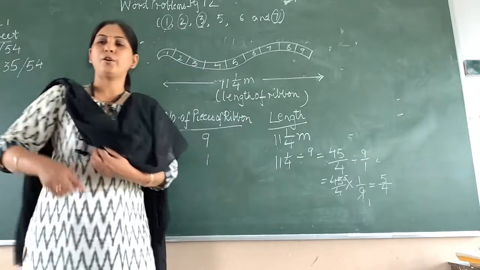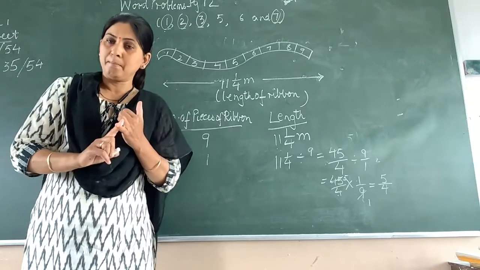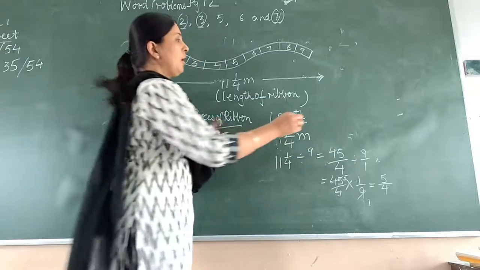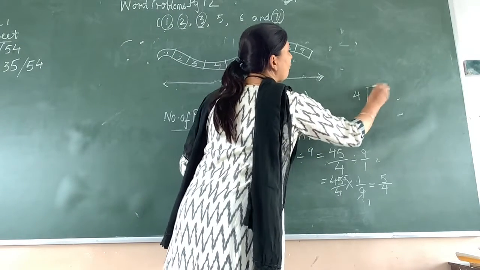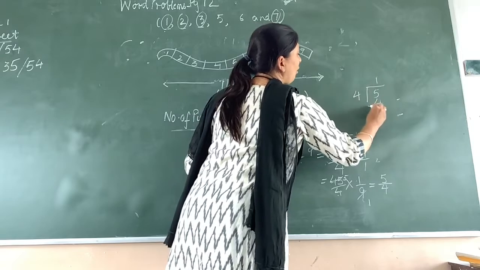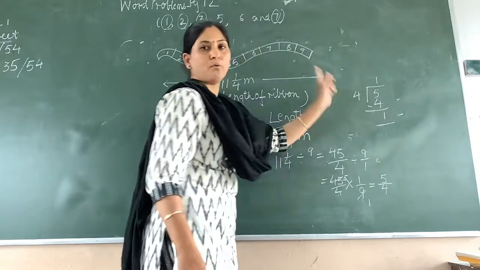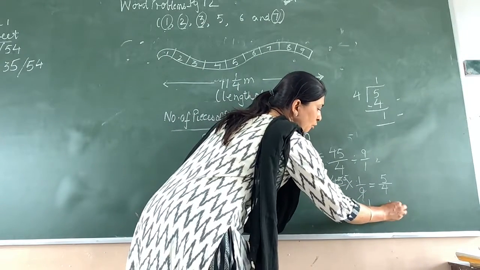Now 5 over 4. Let's change this into a mixed fraction. Let's divide 5 by 4. 4 times 1 is 4. So what do we get? 1 whole 1 over 4. This is the answer. So 1 whole 1 over 4.